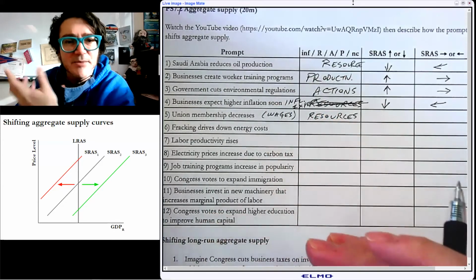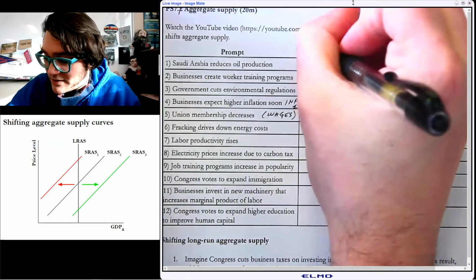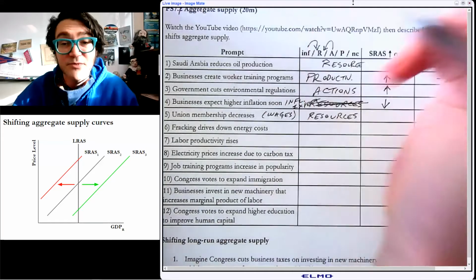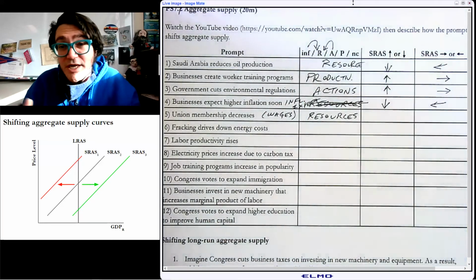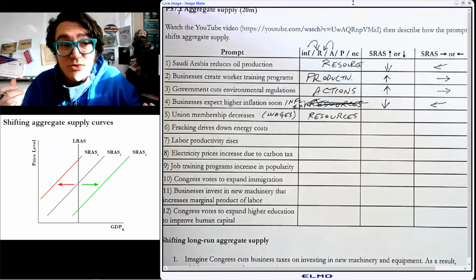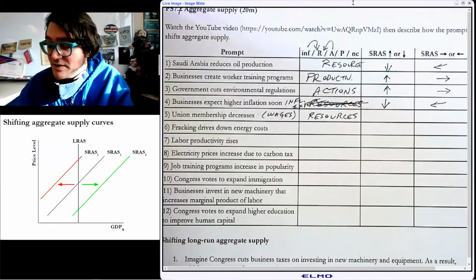That's kind of why I forgot about it, because almost all of these, we know that inflationary expectations affect the resource prices, and the actions by the government affect resource prices. So realistically, there's only two shifters, but we can't just say RP, because otherwise this is RIP. So we have IRAP so that we can make a nice kind of mnemonic out of it.